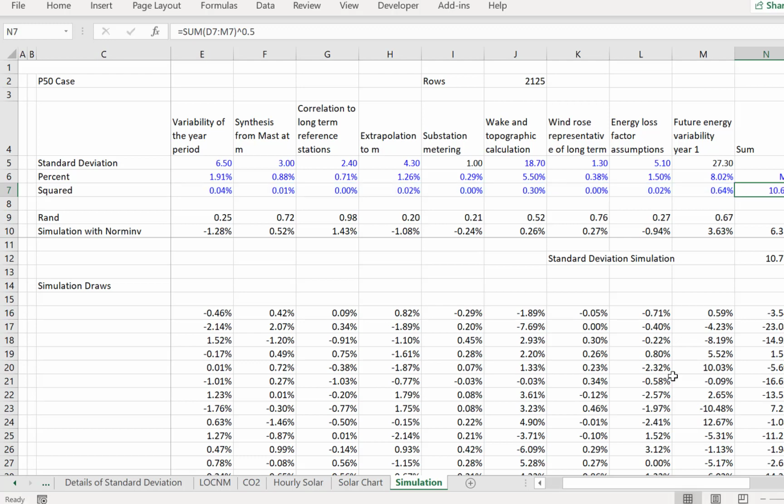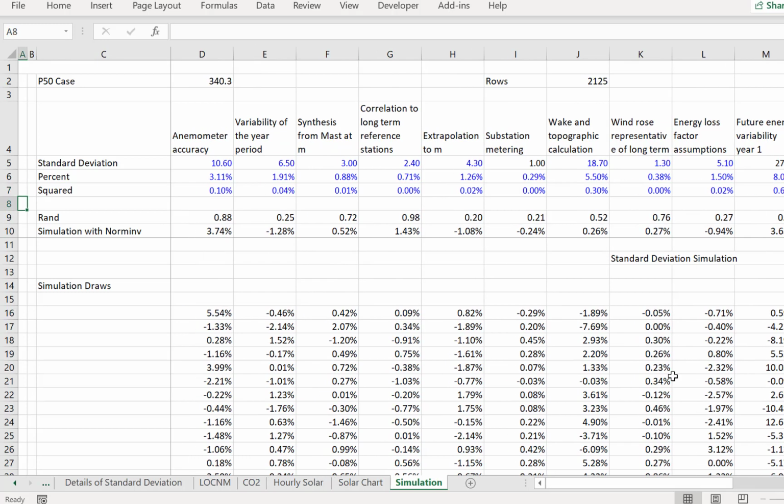And then I said, okay, well, let's go and put a random number, and a different random number, in for each one of these things. And then take this random number and use our normal inverse function and just assume we're just looking at the standard deviation.